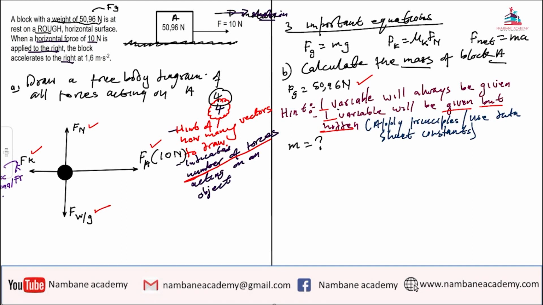This object, it's moving to the right. It is still in touch with now what? The surface. Why is it not going in this direction? Why is it not going up? Why is this object not going up? We are told it is moving to the right.